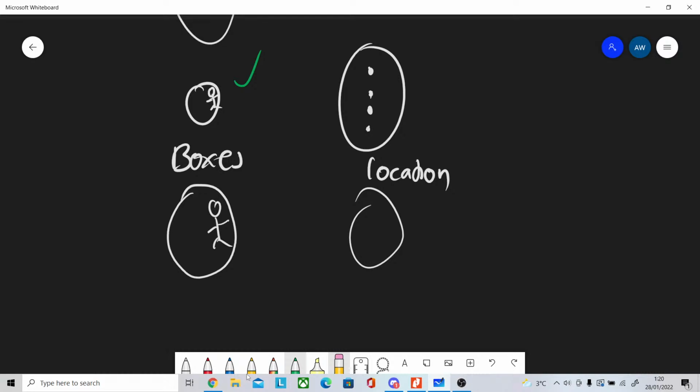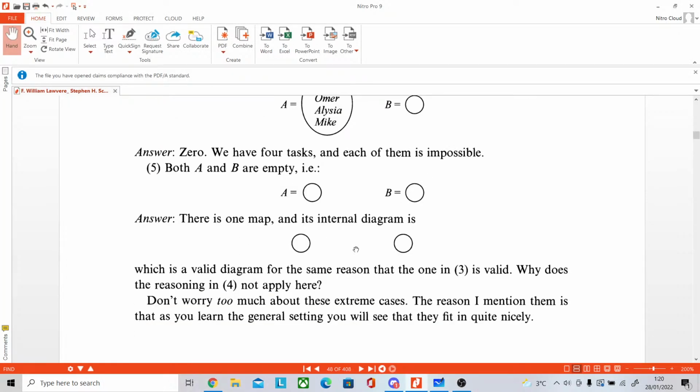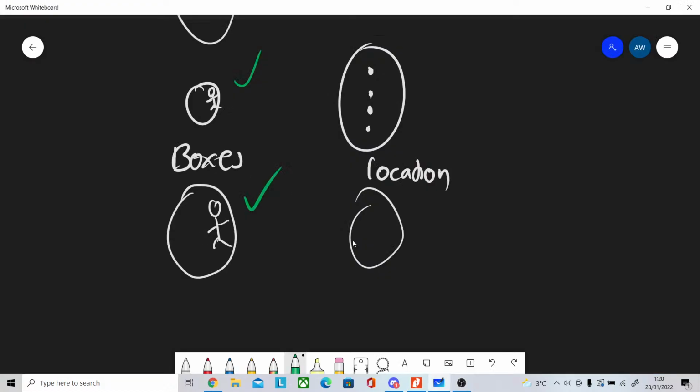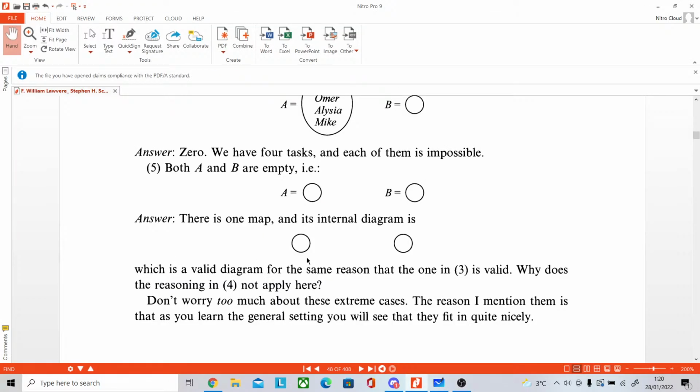So your task is complete. It's not an issue that there's no location available. So that's why this is considered a mapping. The mapping is that the job is automatically complete no matter what. That's what the mapping means.